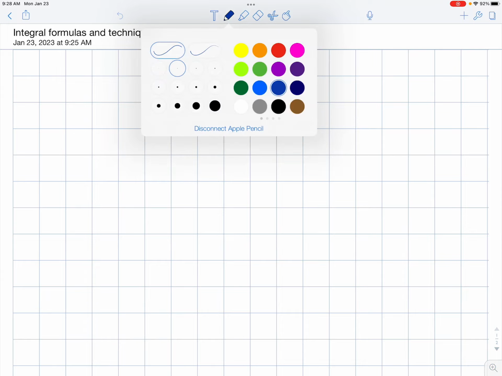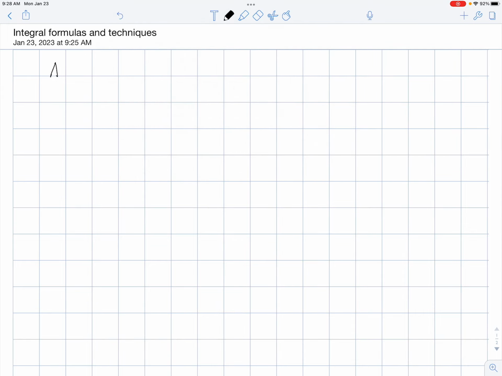Let's start with some definitions. First of all, what is an antiderivative? An antiderivative is a function of a given function.